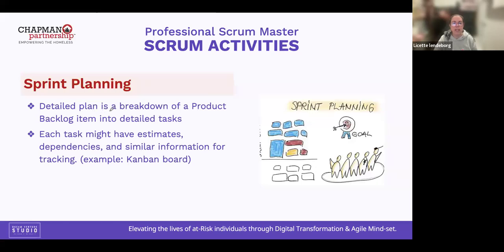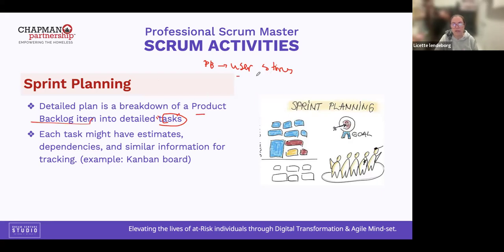So a detailed plan is a breakdown of a product backlog item into detailed tasks. That's a very important piece of information here. We have the product backlog and we have the user stories, or product backlog items.